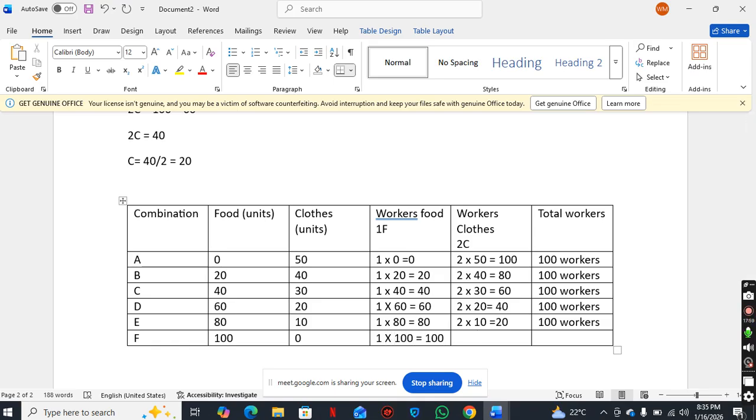For the clothes, 2 times 0 equals 0. 0 plus 100, 100 workers. Any questions so far?